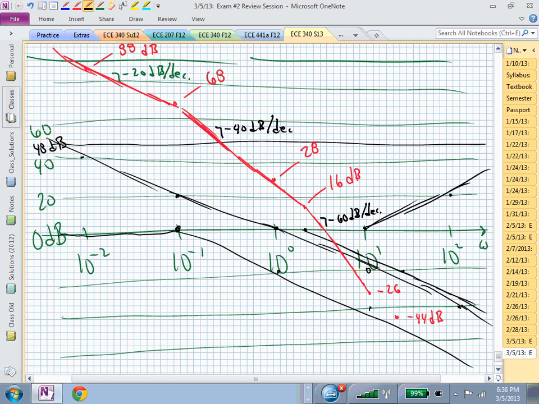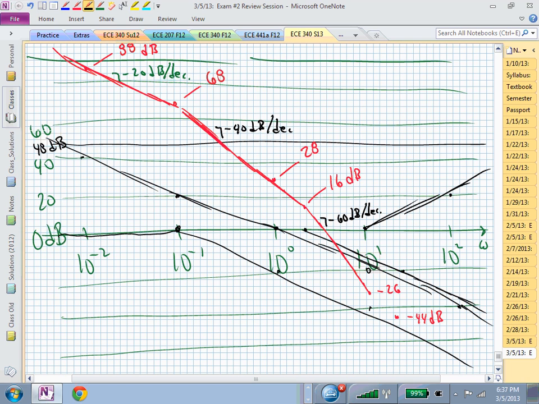Now what happens? From 10 to 100, where am I going to end up? What's my slope after 10? What's my pole zero excess? Now everything is now in play. I have 3 poles and 1 zero.